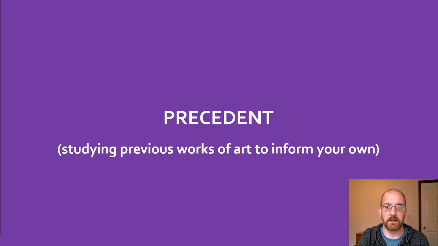I think the easy level one version of looking at a precedent is, I have to solve a design problem, so I'm going to look at works that have solved similar problems to the one that is facing me, and then from looking at their solutions, I will gain insight into what my solution should be.